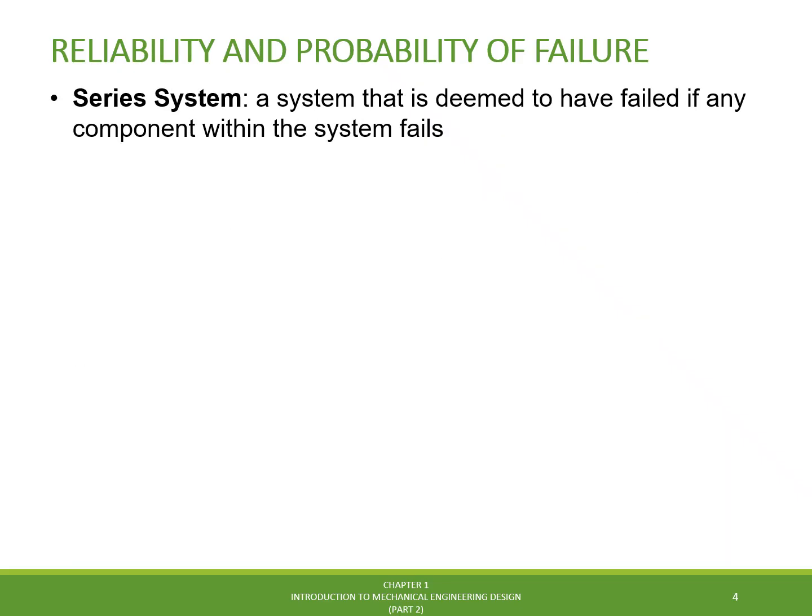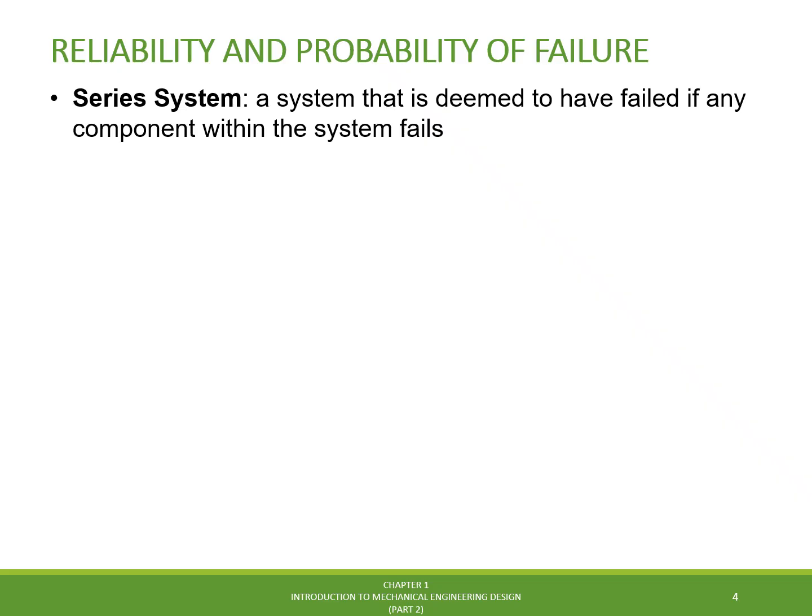Once we are able to define the reliability at the component level, we can go ahead and find a way to calculate the overall reliability of a system composed of different components.